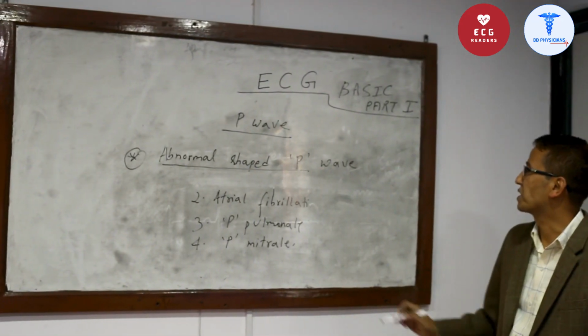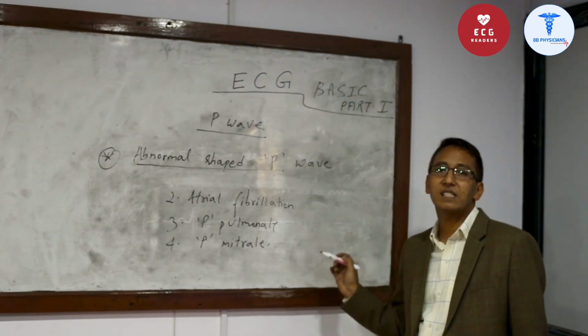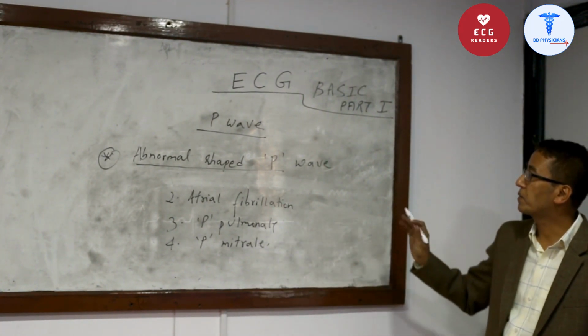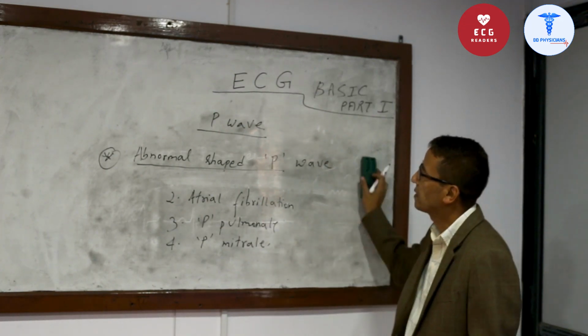Now come to atrial fibrillation. By ECG, we know that in atrial fibrillation the ventricular rate is irregular.